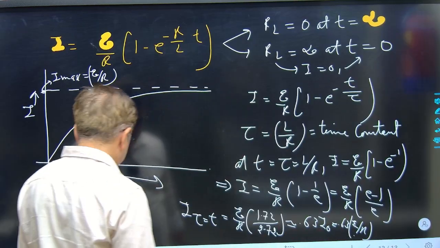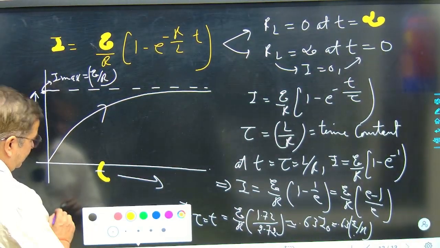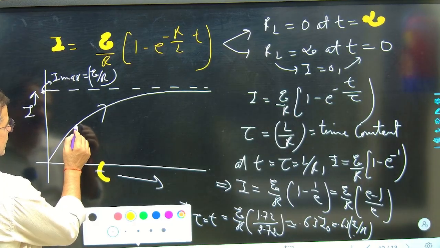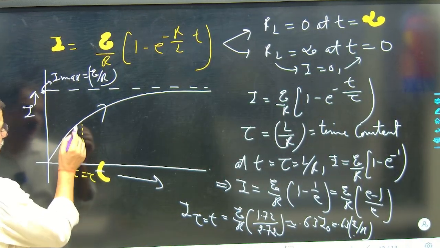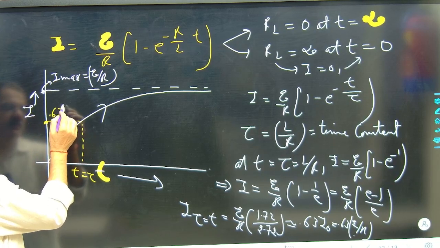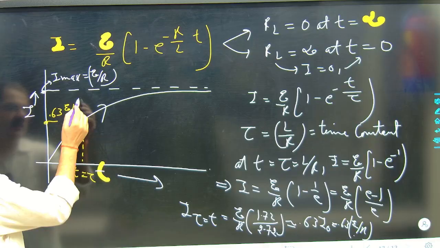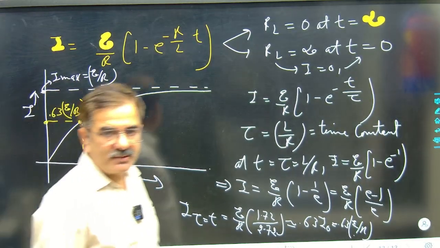In one time constant, this current reaches 63% of its maximum value. Also we can see this time is tau, t equal to tau, for which the current here is 0.63 of E by R. Now, the current reaches 63% of its maximum value.